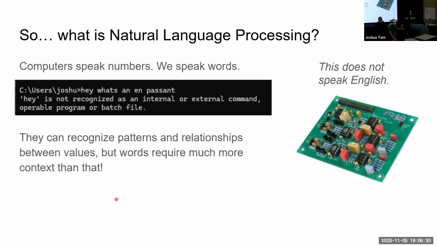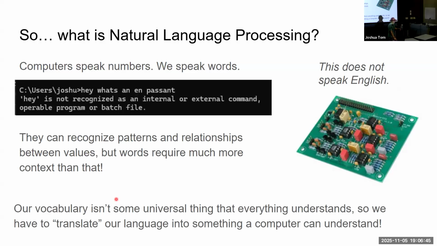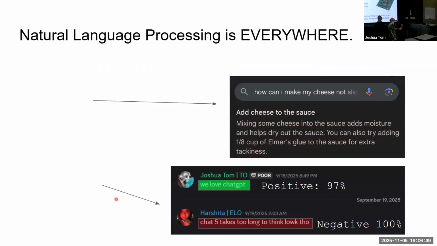So there's a lot more information that we have to provide in order to properly give a computer the word apple, and it takes something away from that that's more than just an on and off signal. So the way that we're going to do that is we're going to translate it through a few different methods so that in the end, a computer is able to understand what's happening.